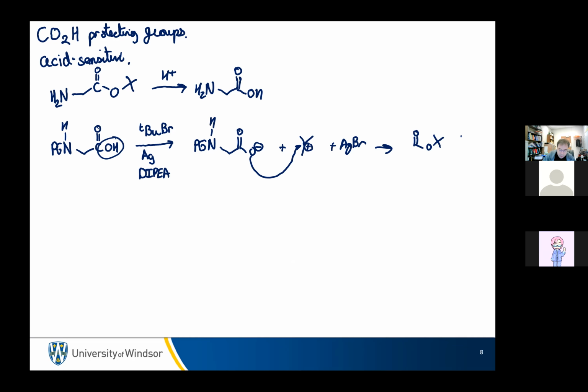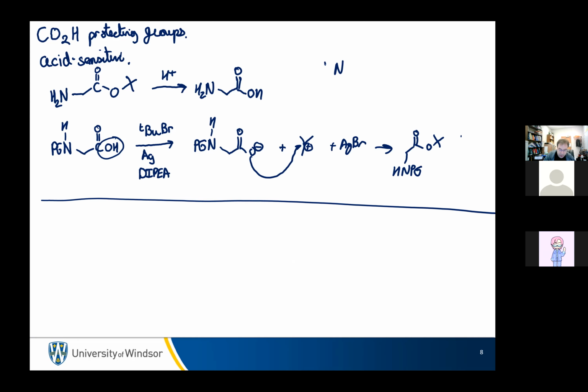There are other conditions to put these on. You can look them up. If you need them, this will work. I'll accept that. That's pretty straightforward. And we can abbreviate this.